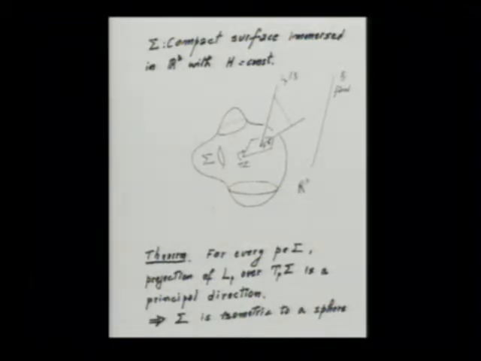The projection of L, a straight line parallel to the fixed direction, projected on the surface is the principal direction. I take this as Z1, and the normal to this vector, Z2. I have a frame in the condition that I mentioned before, and this diagonalizes the second fundamental form of the surface.